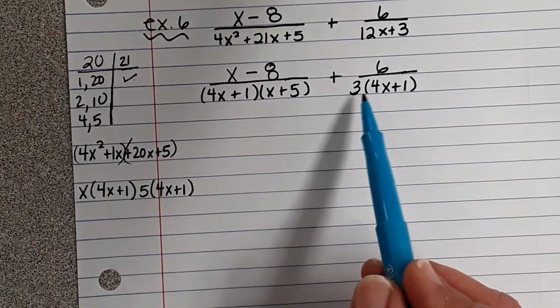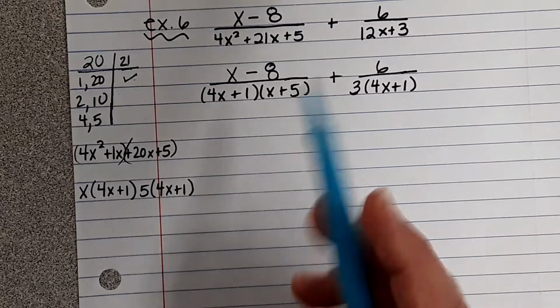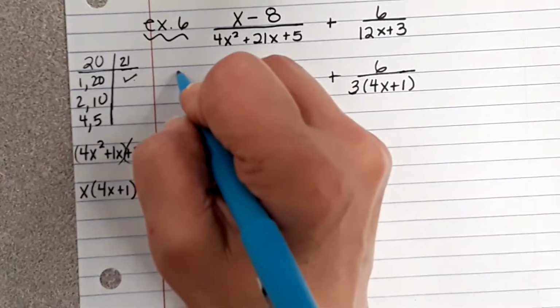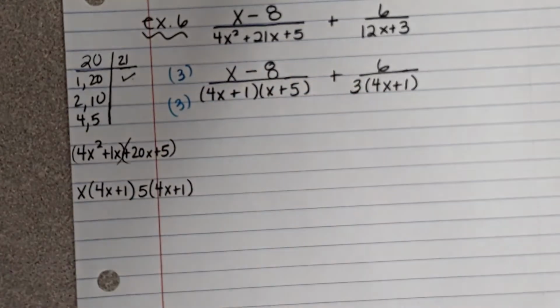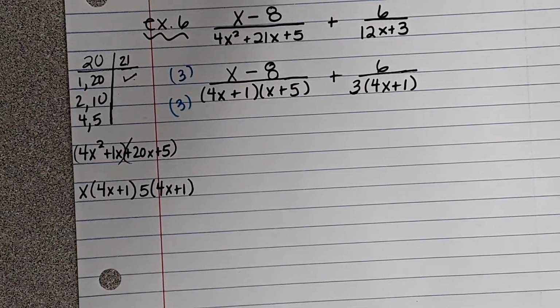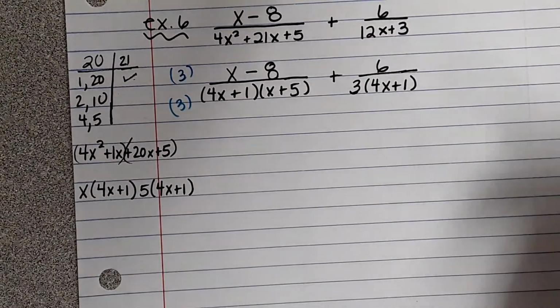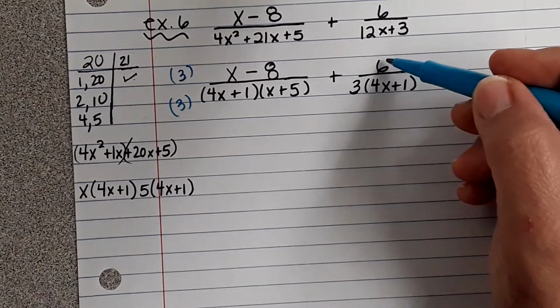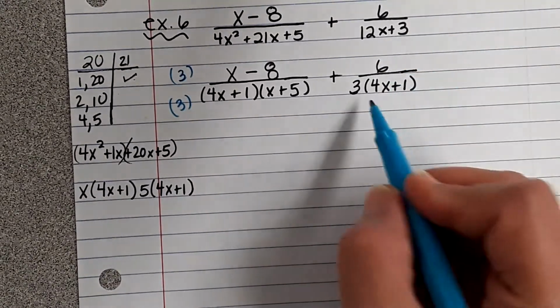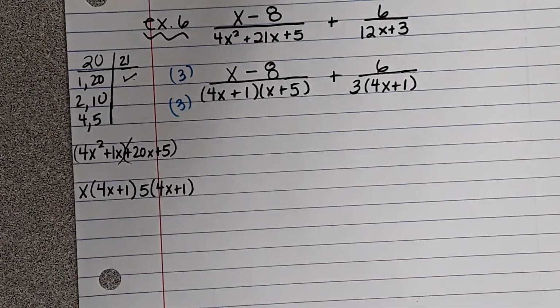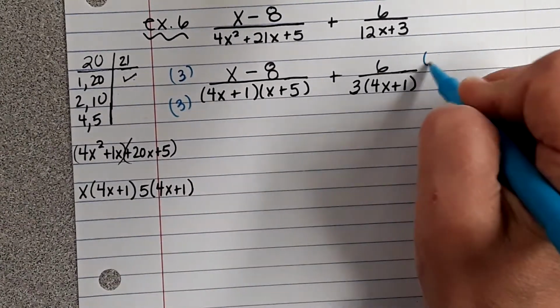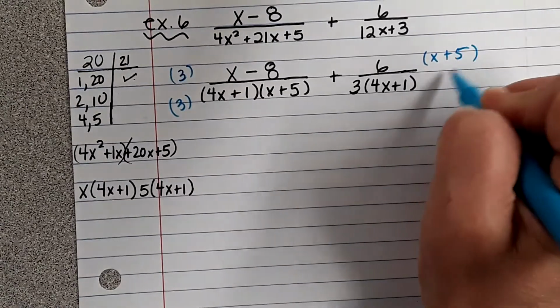What does this denominator have? A 3. So that means we're going to multiply the numerator and the denominator by 3. What is this denominator missing that this denominator has? So we're going to have to put the x plus 5.